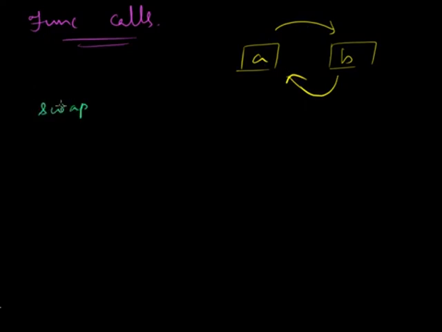Now we have to pass the values of a and b so as to swap them. So let us pass values of a and b as arguments. A and b are arguments. Now here we are passing values, right?